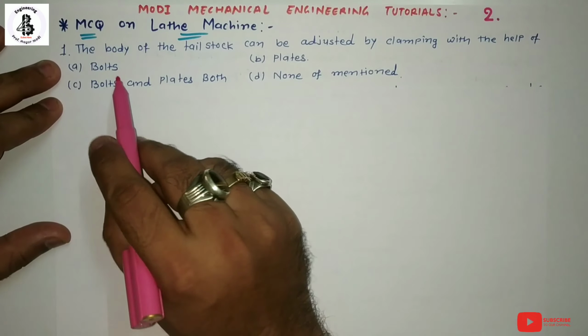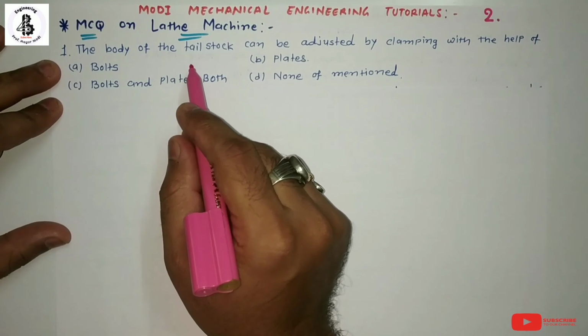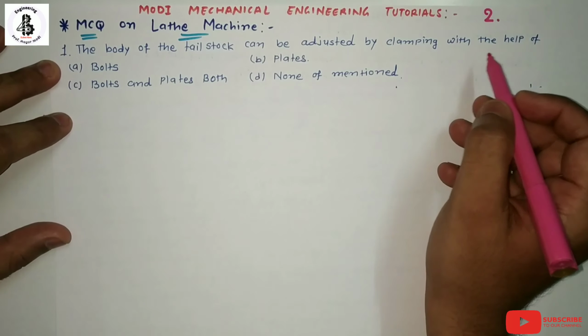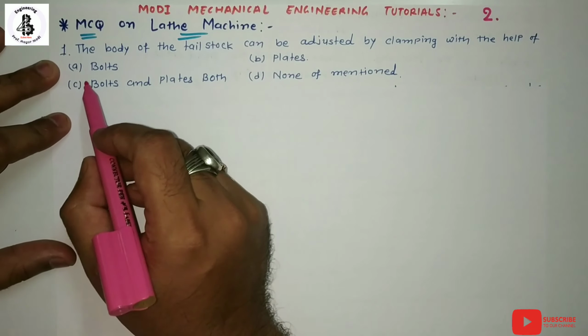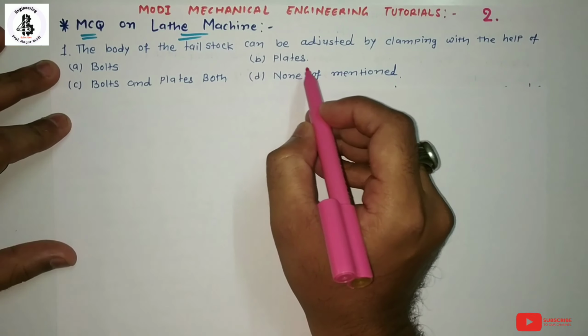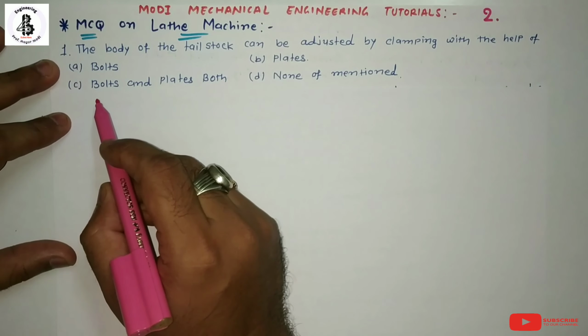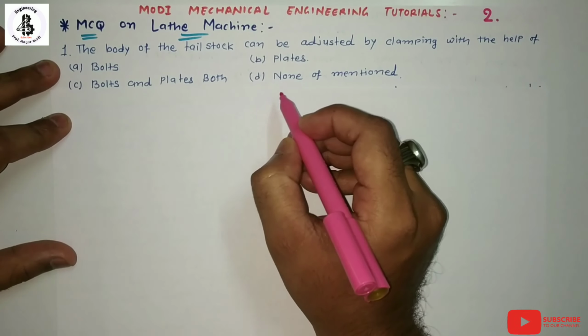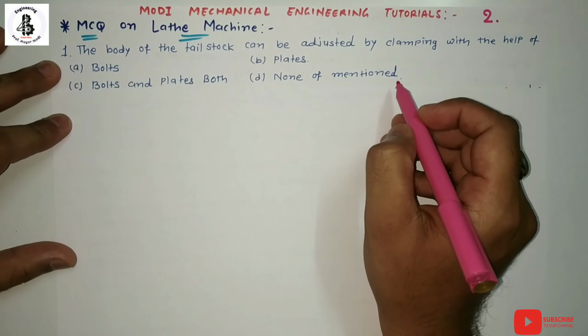The body of the tailstock can be adjusted by clamping with the help of option A, bolts, option B, plates, option C, bolts and plates both, and option D, none of the mentions.